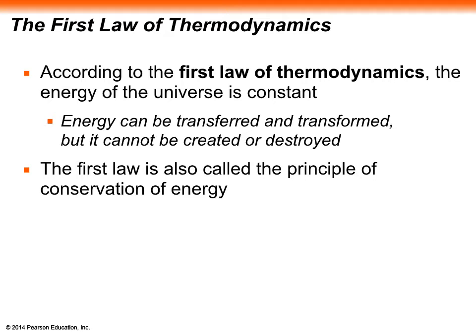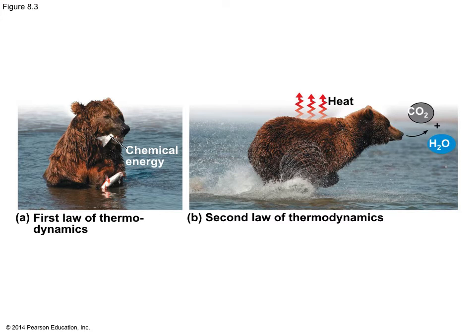According to the first law of thermodynamics, the energy of the universe is constant. Energy can be transferred or transformed, but it cannot be created nor destroyed. The first law is also called the principle of conservation of energy. So, in this example here, you've got a bear, you have fish, and through consuming that fish, the energy can be converted into chemical energy, and it now can be put to different kinds of use for building protein in the bear.